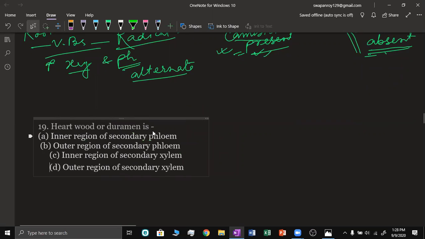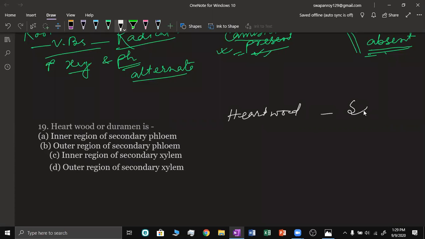Heartwood or duramen. There are terms for that. Heartwood, and another term is called sapwood. Heartwood and sapwood.